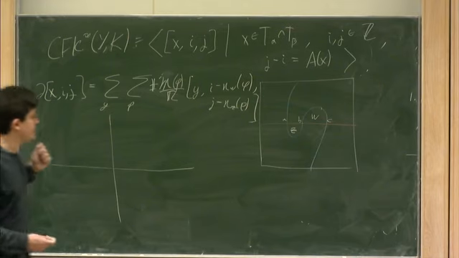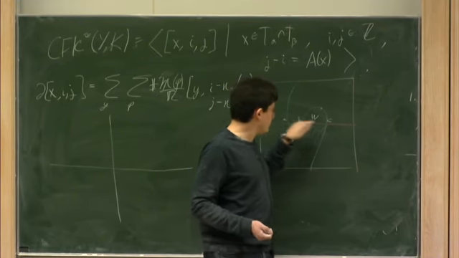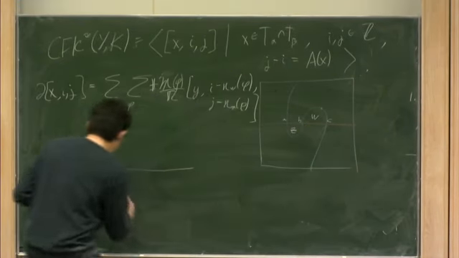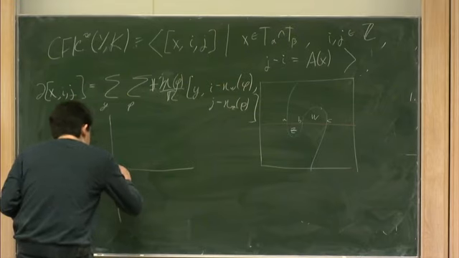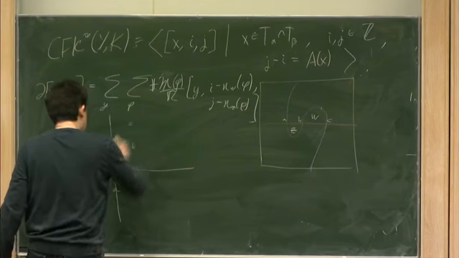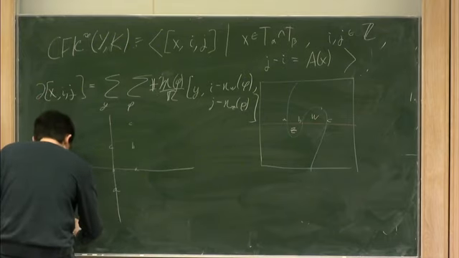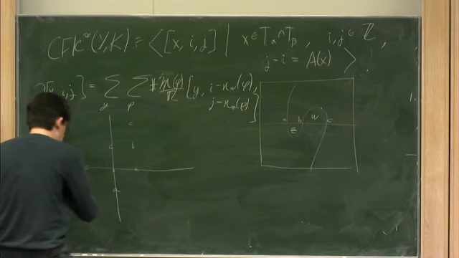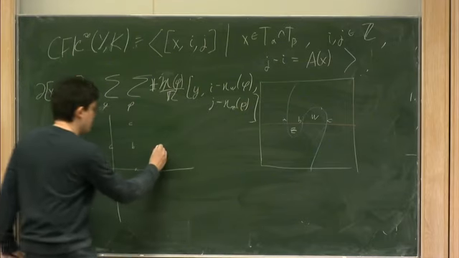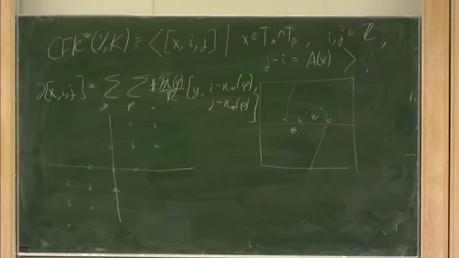So we said that the Alexander grading of A was -1, B is 0, C is 1, so I'm going to draw that as like A, B, C, A, B, C, A, B, C, dot, dot, continuing infinitely in both directions. Okay?